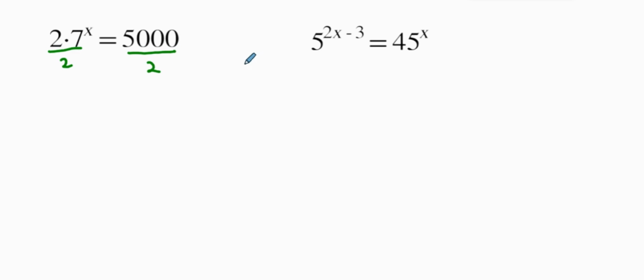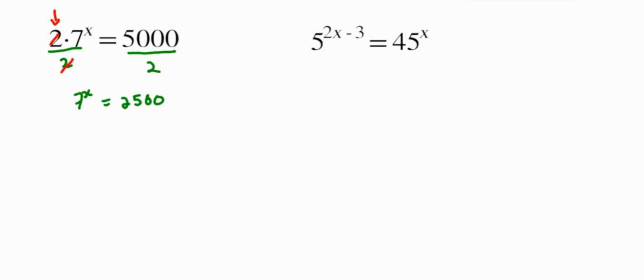If you know more log properties, this step does not become as necessary, although it actually does simplify things nicely. So whenever you see this number out front, you want to divide it out, get rid of it, and move it across the equal sign, as you would regularly when solving algebraic problems. So what we're left with here is 7 to the x, and this works out nice. If it didn't, you could just leave it as a fraction, but there it is, the 2,500, half of 5,000.